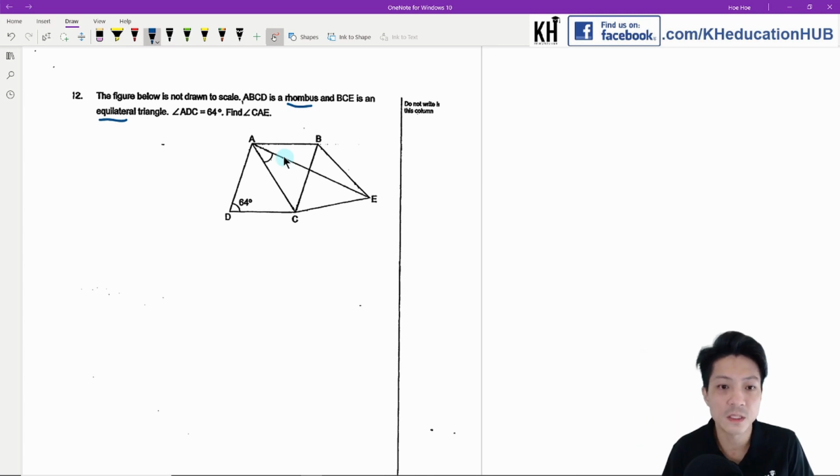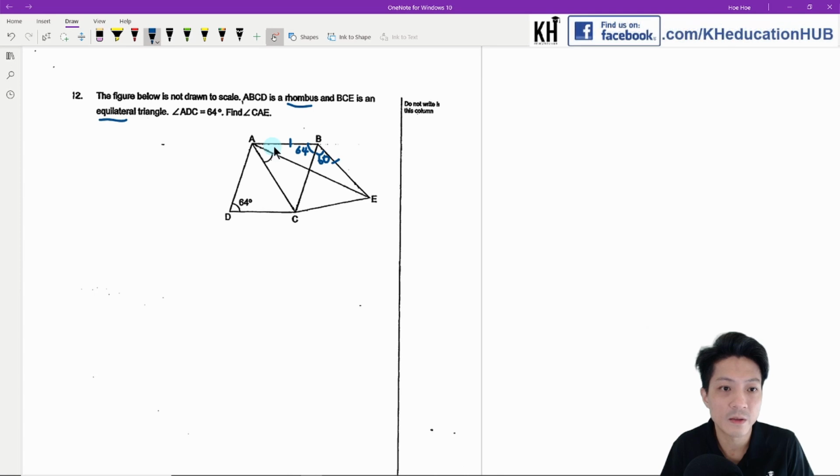The first thing I need to do is realize that this triangle ABE is an isosceles triangle. This angle over here is 64. This angle over here is 60, because of the equilateral triangle.